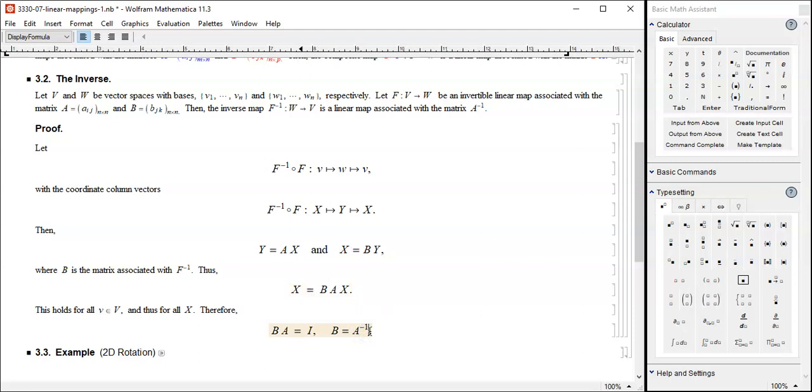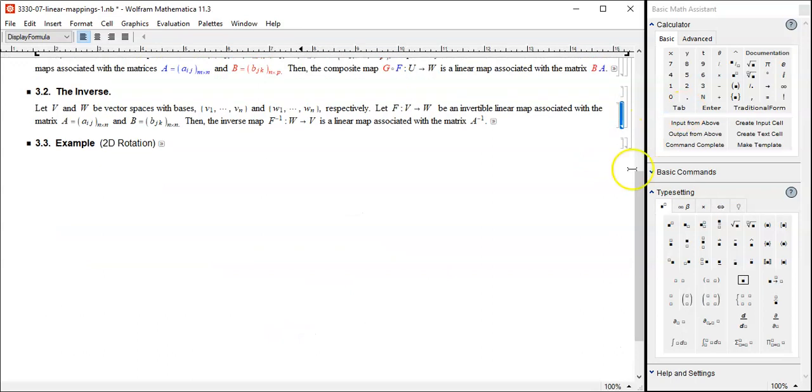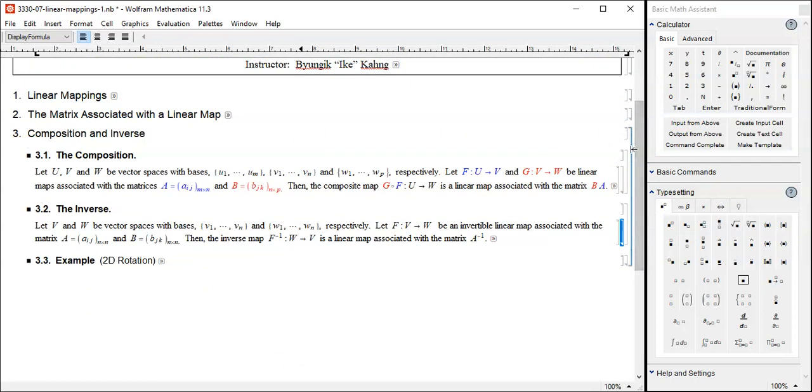So B has to be A inverse. So the matrix associated to F inverse, which I originally named tentatively as B, turned out to be the same as A inverse, just as expected. And that's the proof. I don't know whether I'll ever write this kind of proof because it's overly theoretical. But the end result everybody should know: composition is just matrix multiplication, inverse is matrix inversion.